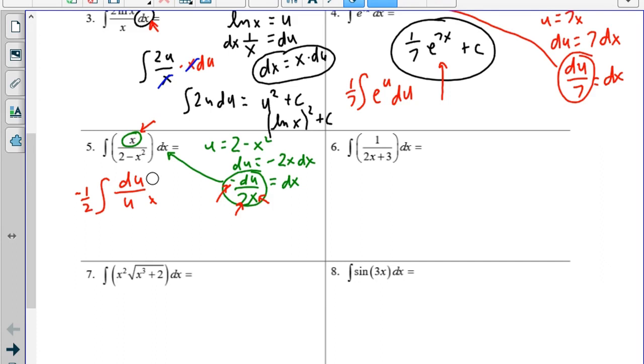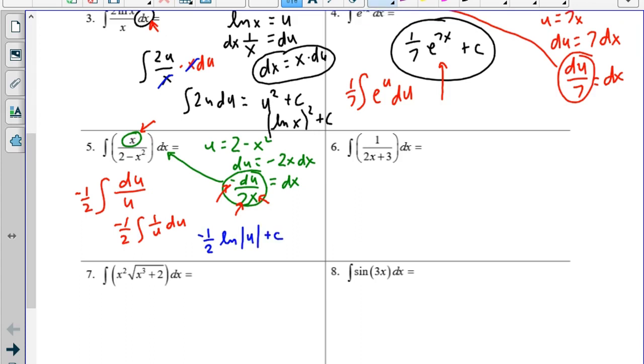So both of those things go away. So now I have du over u, the integral of that. I can also write that as negative 1/2 the integral of 1 over u du, if that helps you visually. Notice that the integral of 1 over u is going to be the natural log of u. So I have negative 1/2 natural log, the absolute value of u plus c.